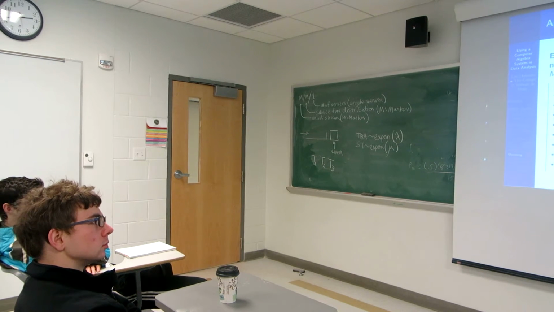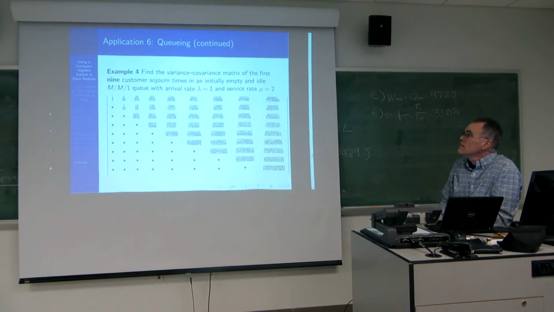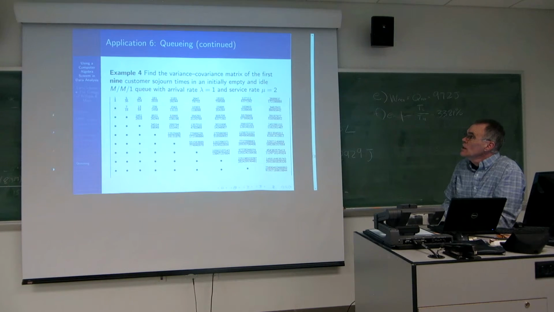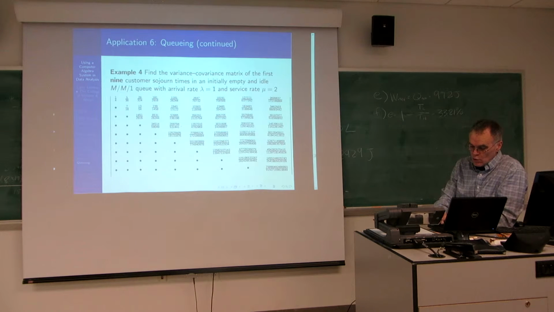And when you do that, there's the answer. You probably can't see that from the back, but it's some horrible numbers there. But those are exact, and we confirmed them by Monte Carlo simulation. But that is the variance-covariance matrix for the first 9 customers in an initially idle MM1 queue with those service and arrival rates.